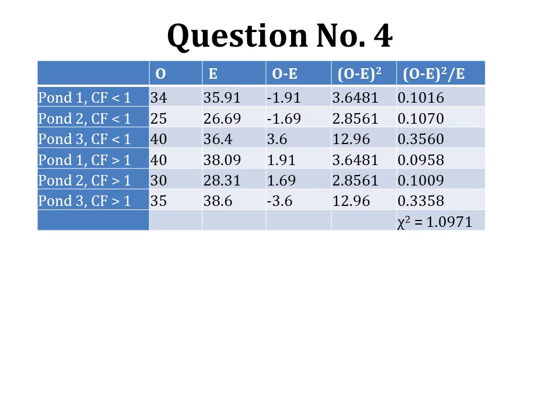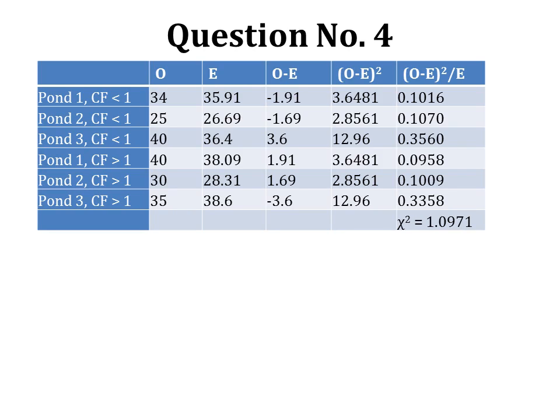The next column is about the difference between observed and expected frequencies, which is 34 minus 35.91, and the answer is minus 1.91. For the next cell, the fish with condition factor less than 1 in pond number 2, this is 25 minus 26.69, and the answer is minus 1.69.